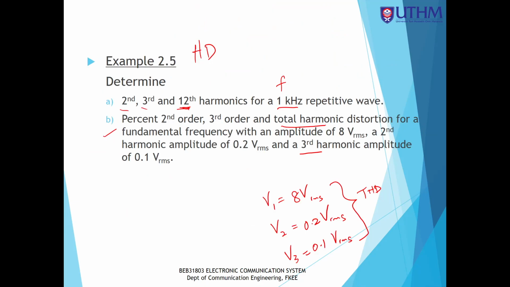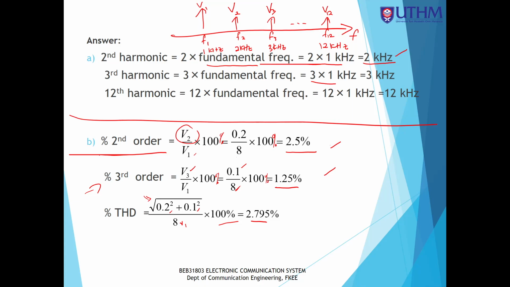In this example, it is mentioned up to the third harmonic. If the question asks until 10, for example, then you need to calculate until the 10th order. If you have any questions, please ask, no problem. Otherwise I will move to the next example.